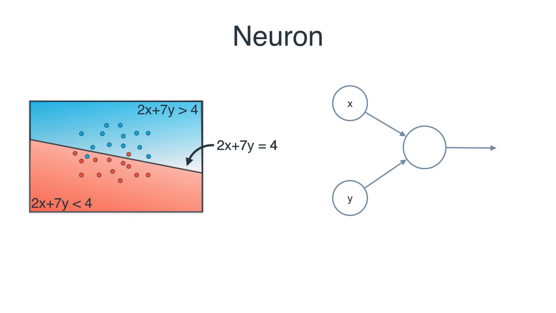So we're going to represent that as this little node here, where the inputs are x and y, the two coordinates, and the 2, the 7, and the 4 get located in the two edges and in the central node. So you can see that the 2 times x is the 2 in the edge times the x in the node, and the same thing with the 7y, and then the constant, which is the 4, is in the middle node.